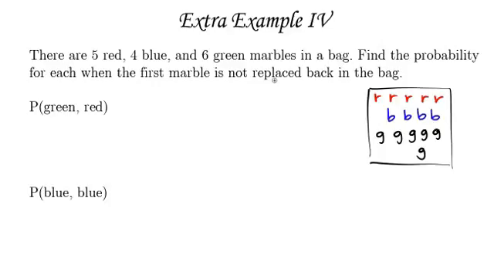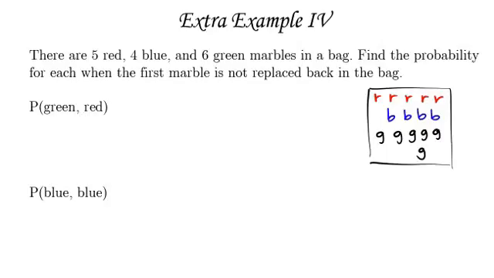And remember, because after we pick the first marble, we're not going to replace it, that's going to affect the probability of that second marble, right? So both of these would be considered dependent events, because the second one is affected by that first event.